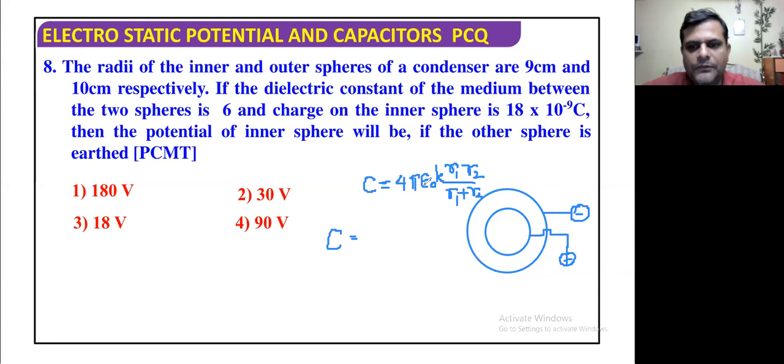Okay, so 4 pi epsilon naught का वैल्यू हमको पता है ऑलरेडी, 1 upon 9 into 10 raised to 9.